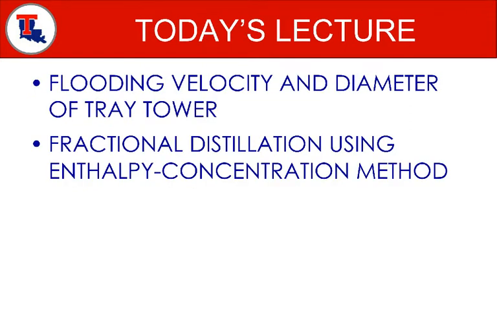I want to try to cover figuring out velocity and diameter for these towers. Typically, distillation towers are tray towers. They're not pack towers. Commercially, in the industry, you try to use tray towers. For tray towers, we didn't study yet how to find the flooding velocity or the tower diameter.